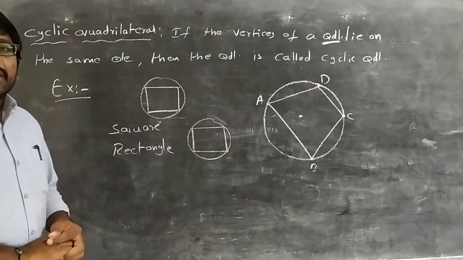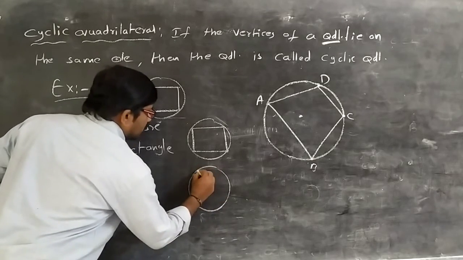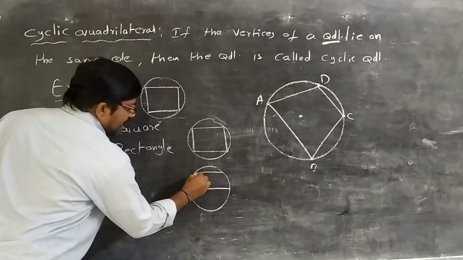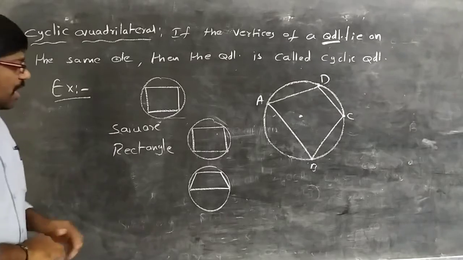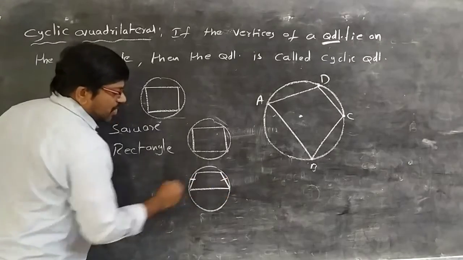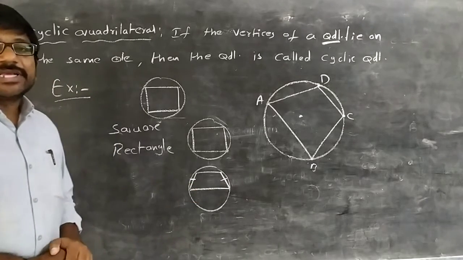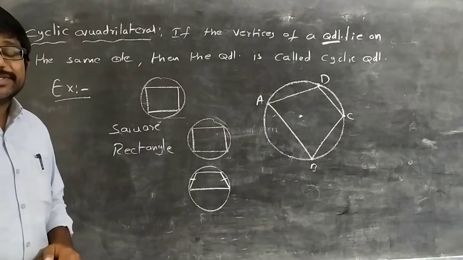And a regular trapezium also. It is a regular trapezium or isosceles trapezium, right? Isosceles trapezium means the non-parallel sides are equal. In a trapezium, if the non-parallel sides are equal, then it is called a regular trapezium or isosceles trapezium.